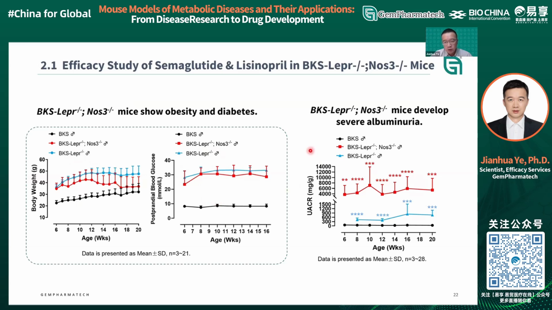Especially for the UACR, the db/db plus NOS3 knockout mice show much higher level of UACR than normal db/db mice and normal BKS mice. So the level of the UACR for the db/db plus NOS3 mice is almost like 4,000, but for db/db mice and the normal mice, it's quite low.